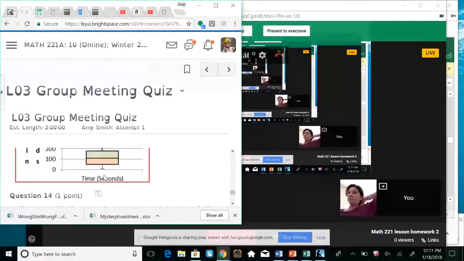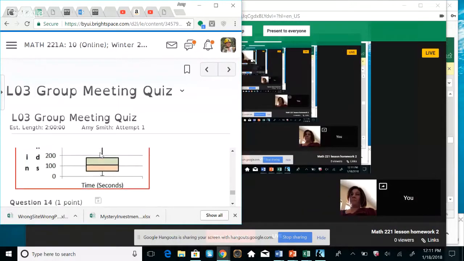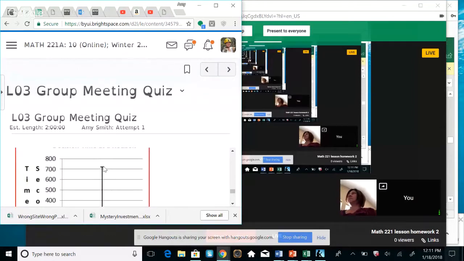Mm-hmm. I'll screen share with you. So this little line at the bottom represents the first number. This line represents Q1, median, Q3, and then this one's the maximum number.